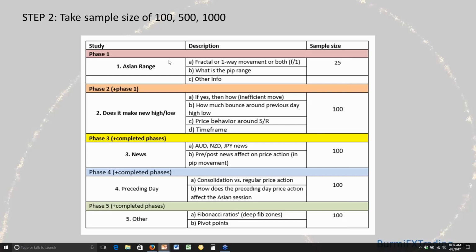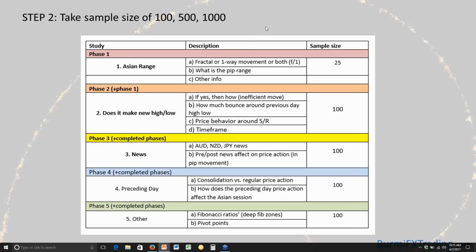Phase number 1, Asian range. You just want to know what the price action looks like during Asian session. Do we see a range-bound price action, or is it just going in one direction? So fractal means range-bound. Price goes up, goes down, price goes up, goes down. So that's range-bound. One-wave movement, price is just kind of drifting to one side.